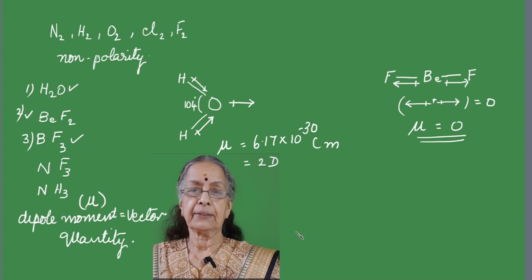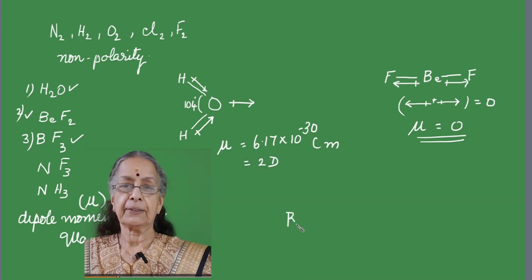Boron trifluoride. Boron is the central atom with 3 fluorine atoms held at an angle of 120 degrees each. Fluorine is more electronegative than boron. Therefore, all the 3 dipole moments are directed towards the fluorine atom.